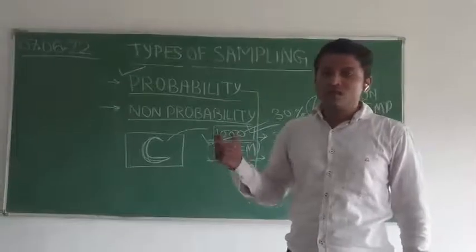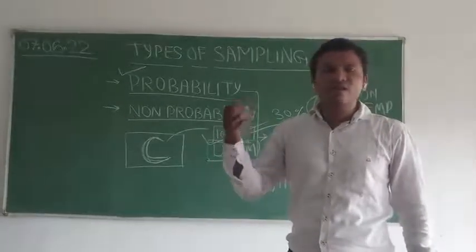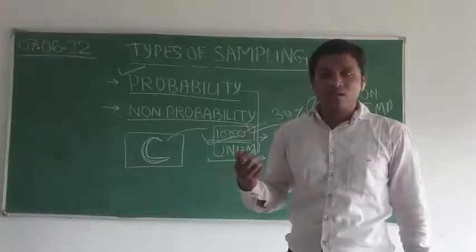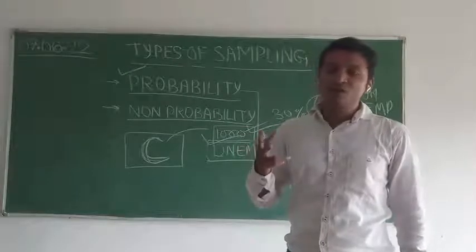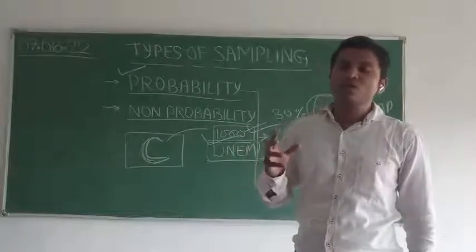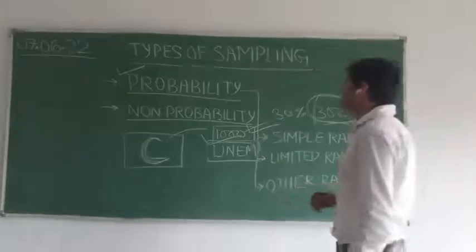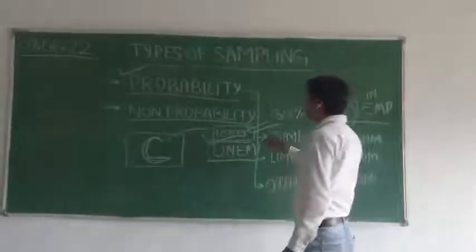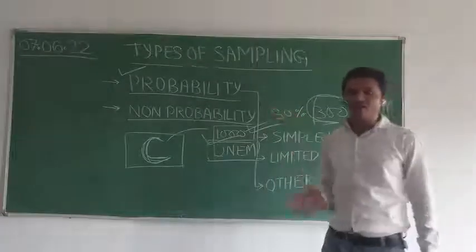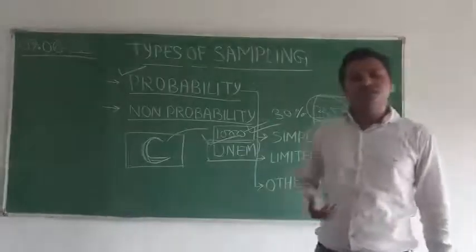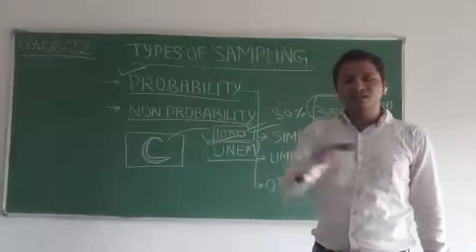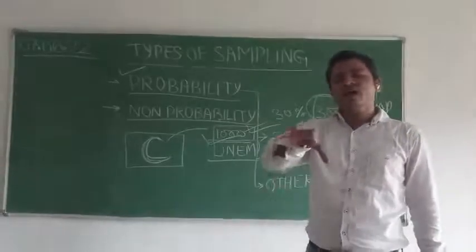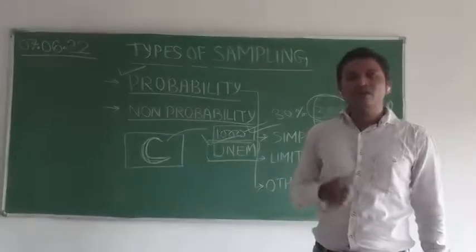The universe has some similar qualities in it. The people who belong to the universe have some similar qualities. Because of these similar qualities, we can choose the samples, because there are similarities, so you can choose anyone among them for your study.